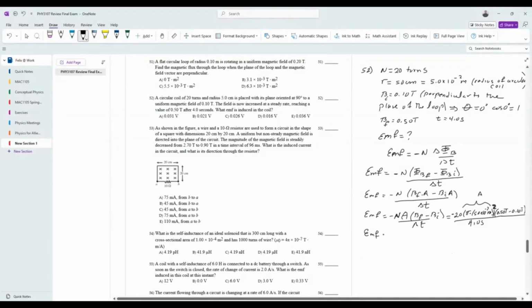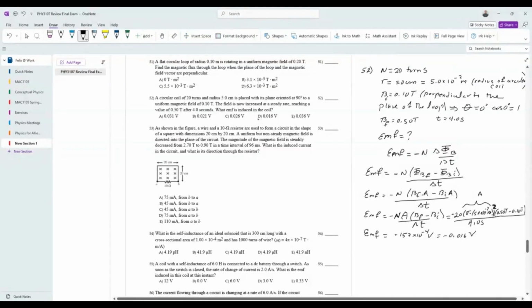Now, when we calculate this electromotive force, it would be minus 157 times 10 to the negative 4 volts. So it would be minus 0.016. Moving the decimal point 4 places to the left, minus 0.016 volts.